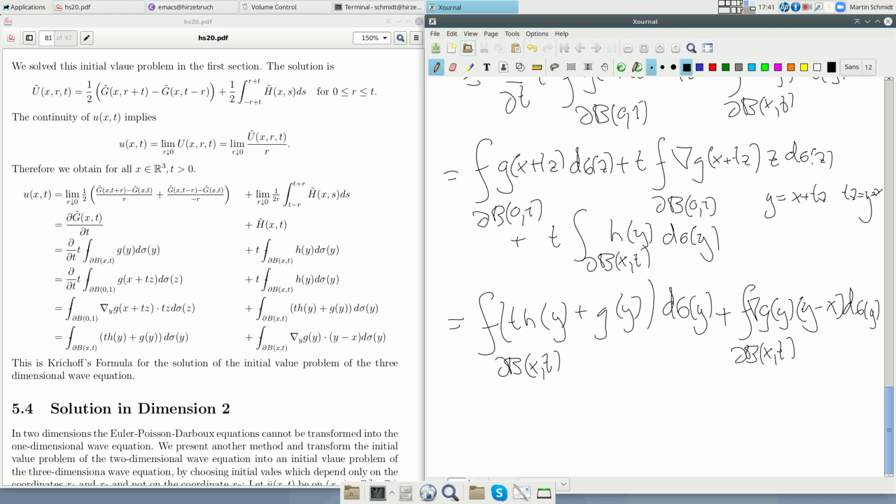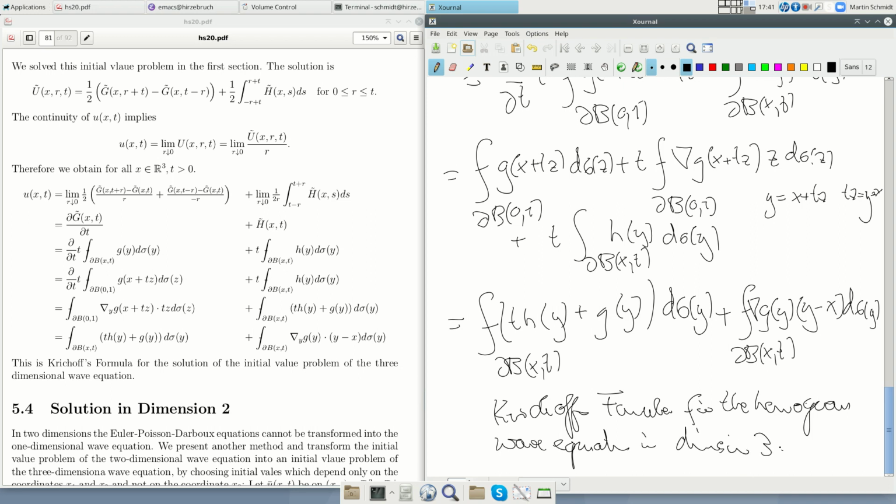So this is this term, and of course the mean integral doesn't change if you take the same function. So this is now Kirchhoff's formula for the homogeneous wave equation in dimension 3.